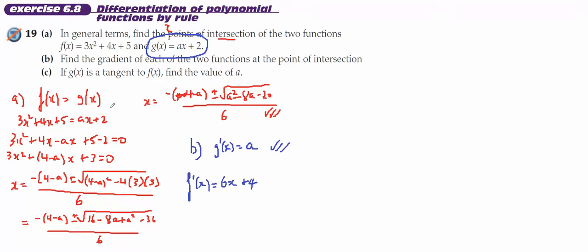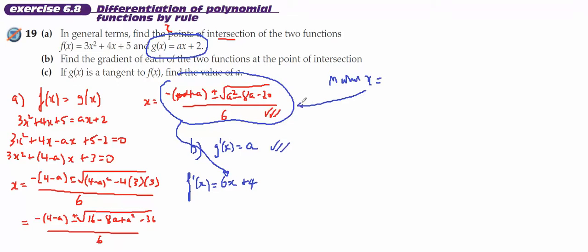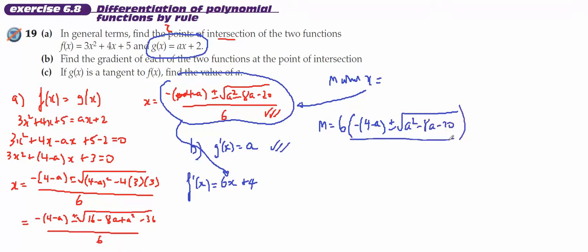So I'm going to sub this value of x into it to find out the gradient. So the gradient is m equals 6 times minus (4 minus a) plus or minus the square root of a squared minus 8a minus 20, all on top of 6, plus 4.